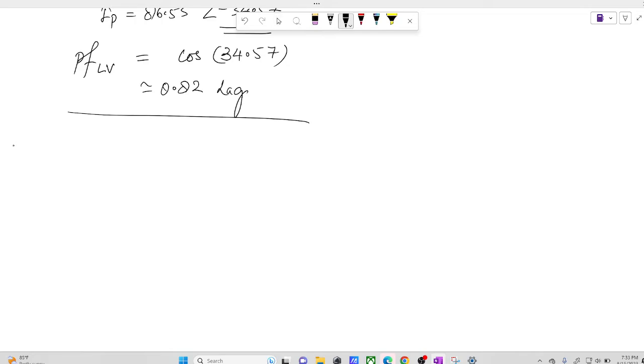Now the next part of this question is to find the terminal voltage at the high voltage side. When we are operating under the mentioned conditions, they have asked what will be the voltage across the load.